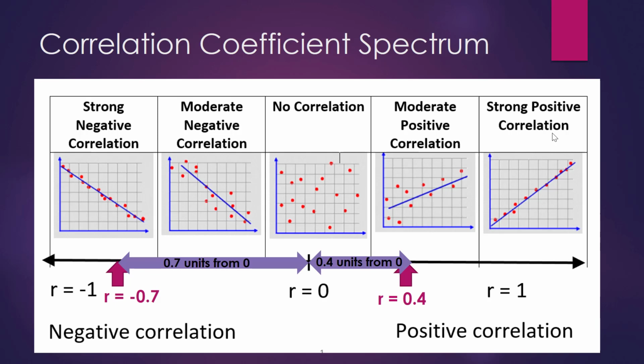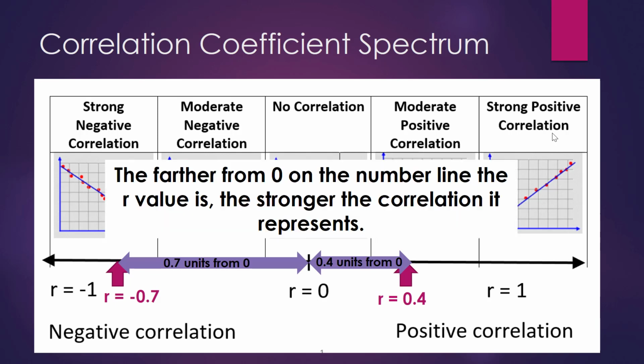Therefore, because negative 0.7 is farther from 0 on this number line, it represents a stronger correlation between the two variables. Notice that the sign of R does not give us any information about the strength of our correlation. It only tells us the direction of our correlation. Remember, the farther from 0 on the number line an R value is, the stronger the correlation it represents.